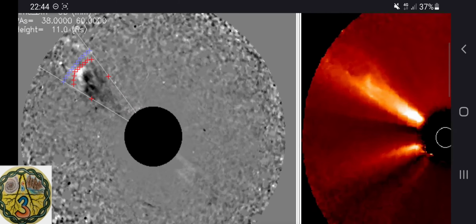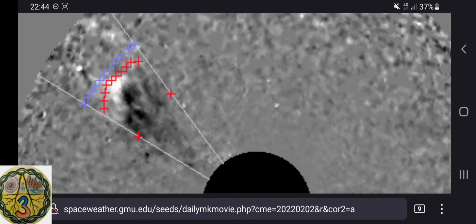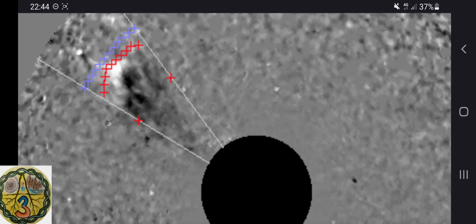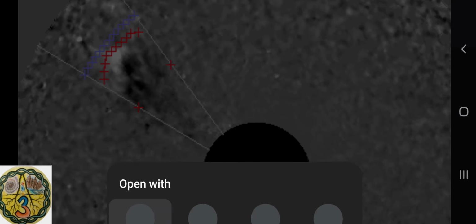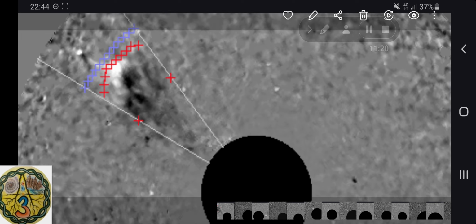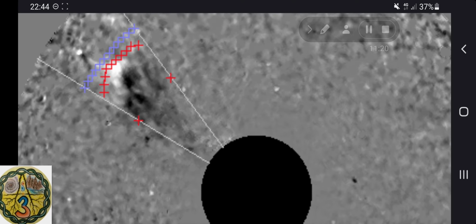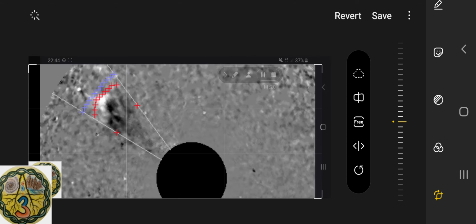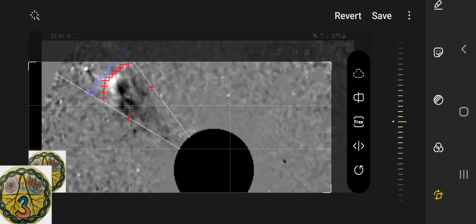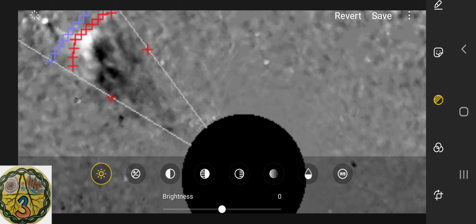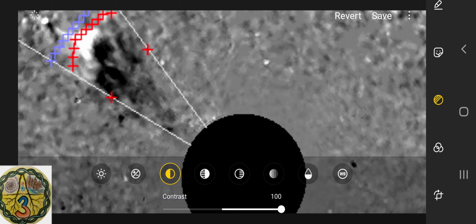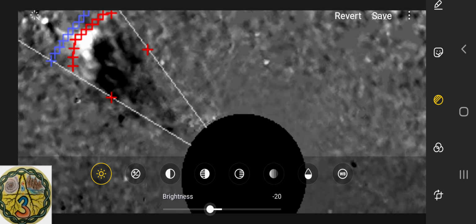Obviously, CME just erupts there at the place, but gallery. And then we go to contrast, exposure, a little bit maybe down, brightness. Yeah, let's go with that.